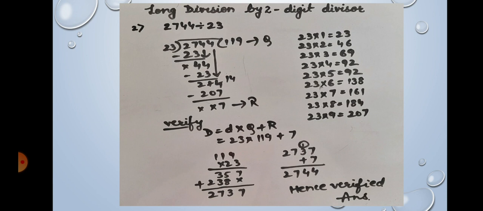Now on multiplying 119 with 23, you are going to get the number 2737, and after that we will add the remainder, that is 7 would be added to it, and we are going to get the number 2744, which is same as the given dividend in the sum. And so it shows that our answer is correct, hence we will write over there, hence verified.